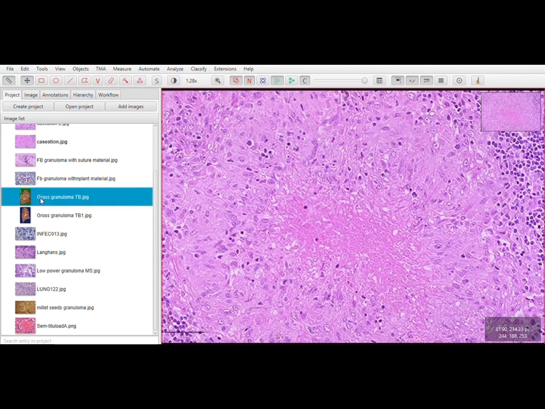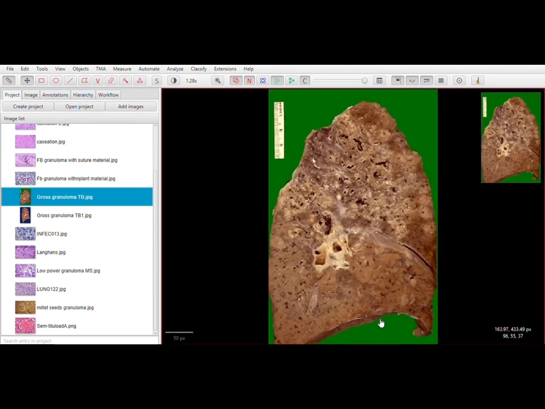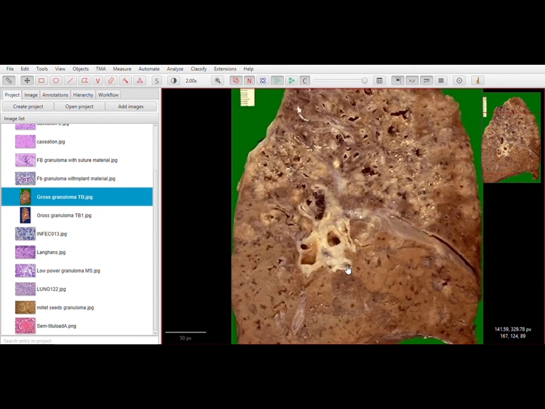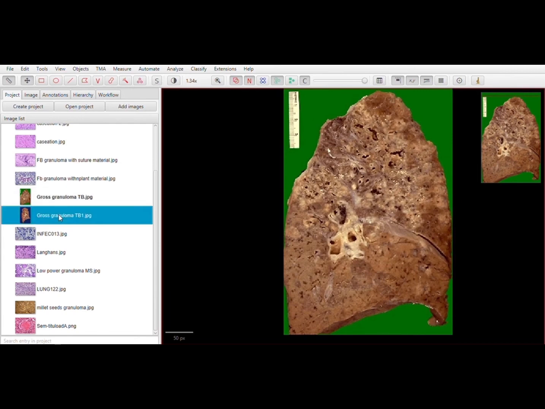On gross morphology, this is a specimen of a lung, and you see a very specific grayish-white area within the lower lobe. The morphology of this area is very different from the rest of the lung, so it is very easy to identify on gross morphology.